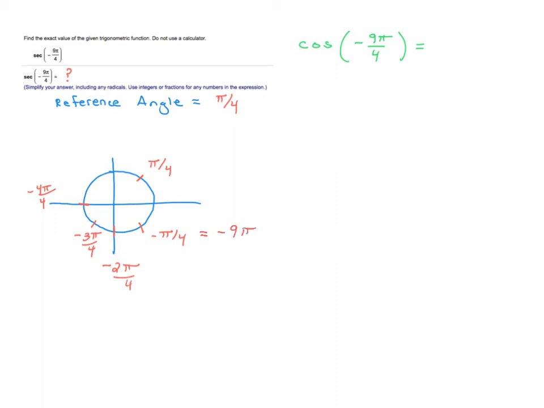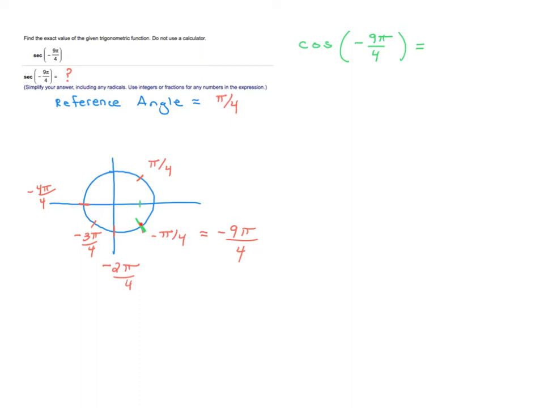So that's the big trick for this problem. It's figuring out which angle we are referring to, where it is on the unit circle. And it's right here. Cosine of this angle is defined to be the x value of this point. So I'm going to mark that on the x-axis. That's right here.